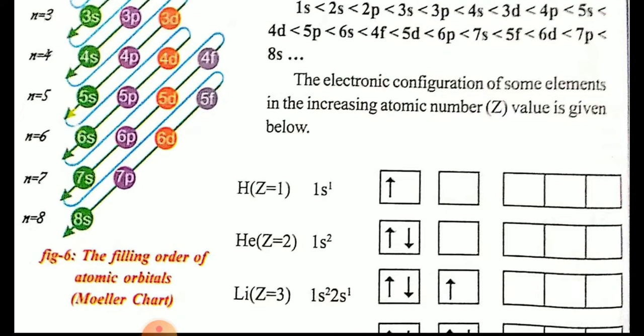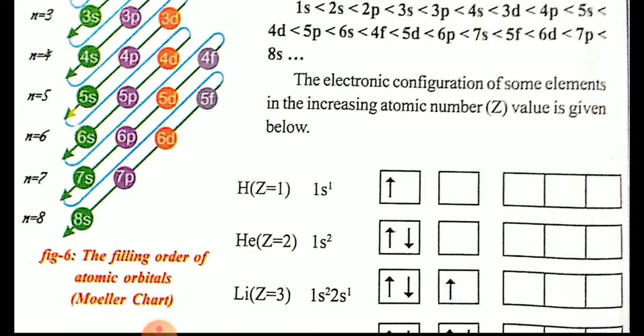Then the electronic configuration of hydrogen: the first electron should go into 1s, so its electronic configuration is 1s1. For helium, there are 2 electrons, so they should enter into 1s only, that's why 1s2, but the spin quantum numbers are opposite, plus half and minus half, up arrow and down arrow. For lithium, Z is equal to 3.